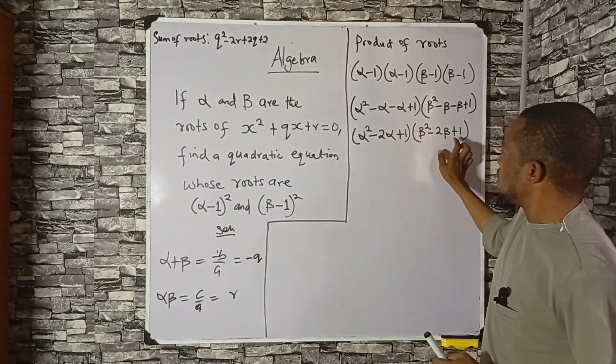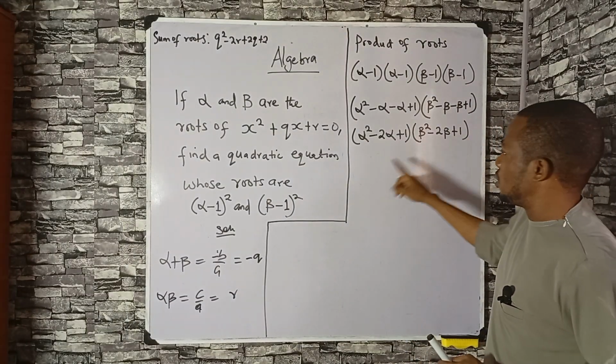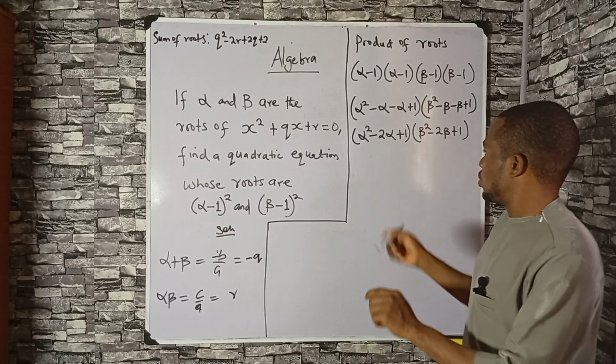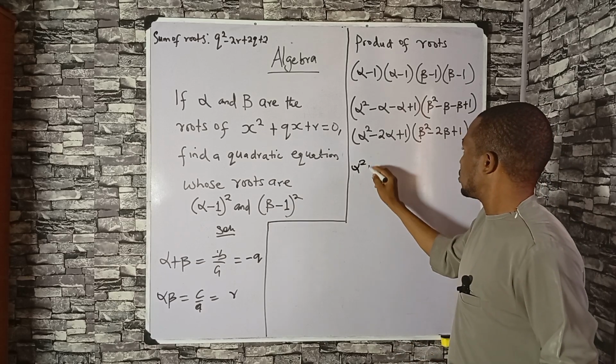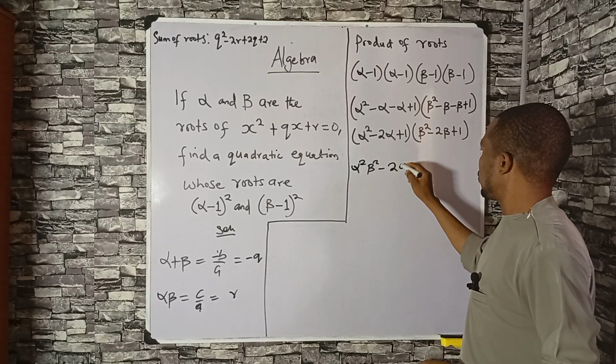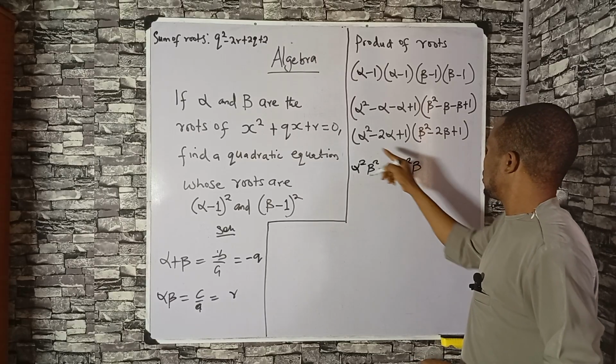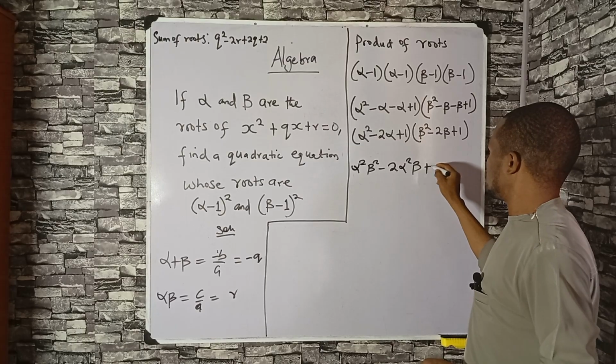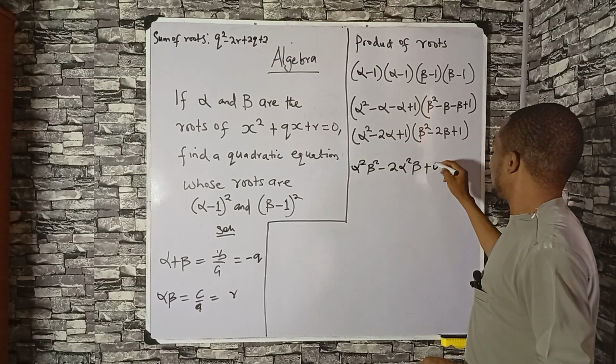Every element will expand, will multiply this bracket. This times this gives you alpha squared beta squared. This times this gives you minus 2 alpha squared beta, and this times this gives you plus alpha squared.